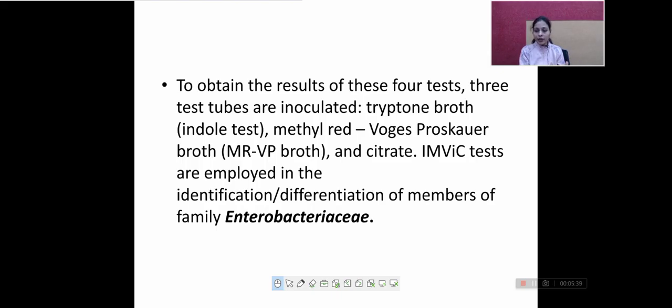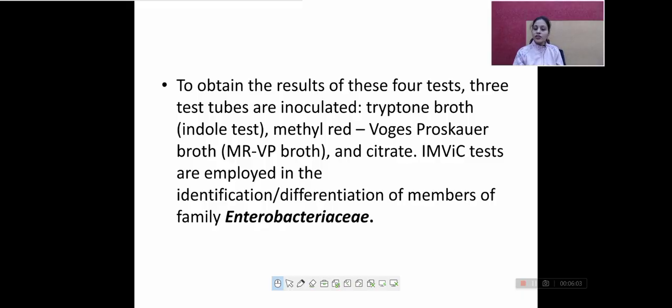So according to their color or presence of a circular ring, we decide positive or negative, right? So IMVIC tests are employed in the identification and differentiation of members of the family Enterobacteriaceae.